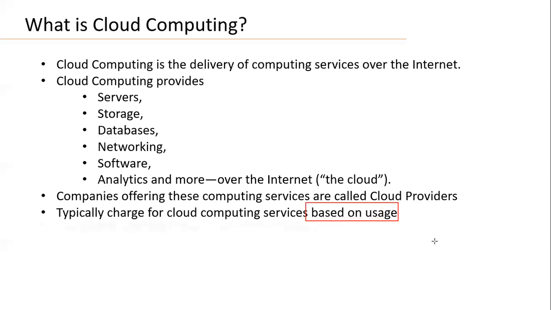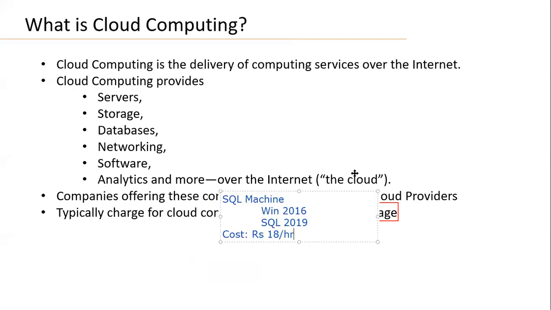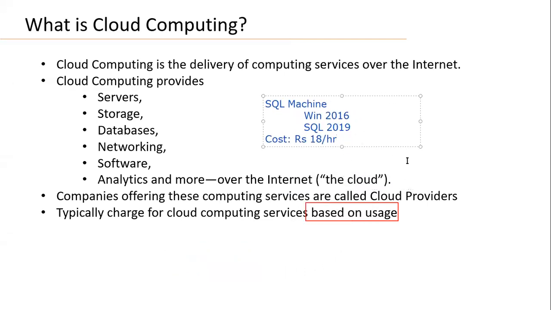For example, if you are running one SQL machine with Windows 2016, SQL 2019, with 8 GB RAM, its cost is approximately 18 rupees per hour. So however many hours you run the machine, only for those hours are we going to pay.